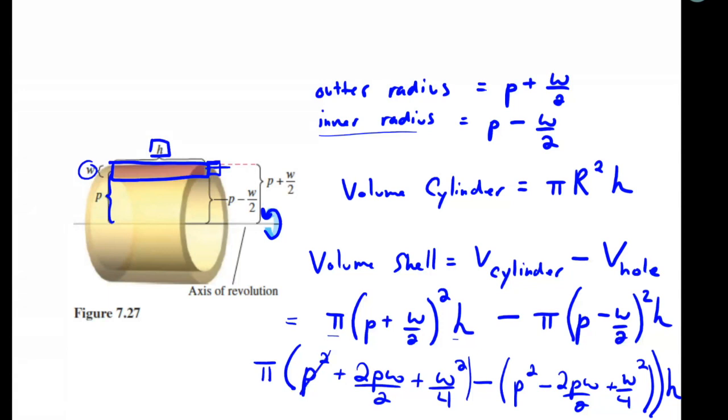And what's nice is these p's cancel because of the negative sign. These w squared over 4's cancel. And then if I have 2pw over 2 plus 2pw over 2, really I end up with 2pw.